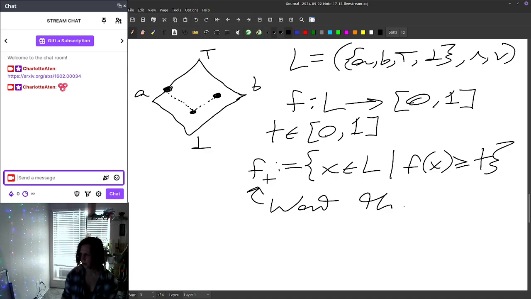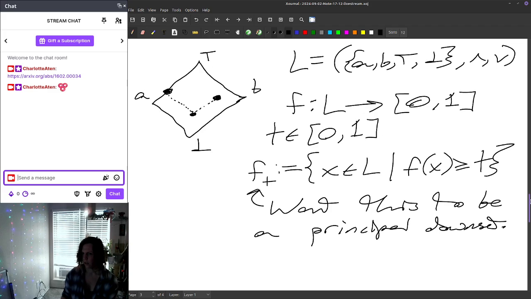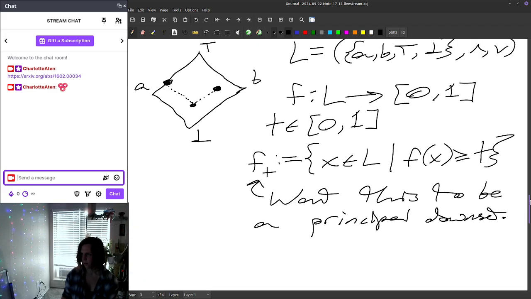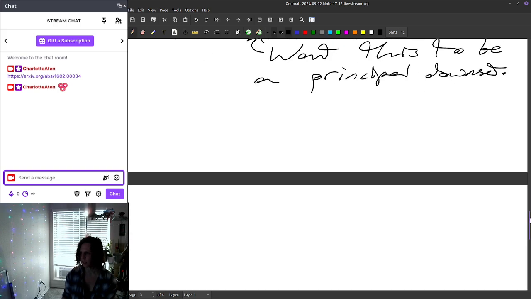We want this to be a principal downset. And the claim is that choosing the functions that do that will actually give us this picture and help us define the meets and joins in a way that makes sense. So that's the idea.